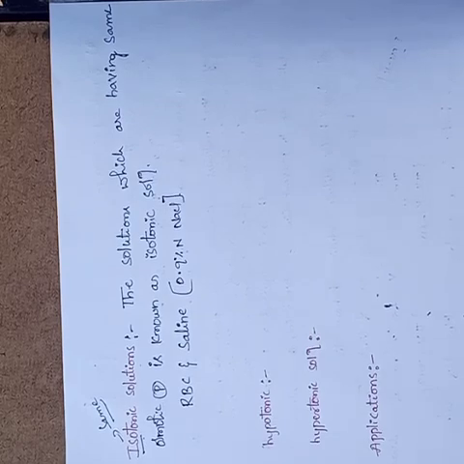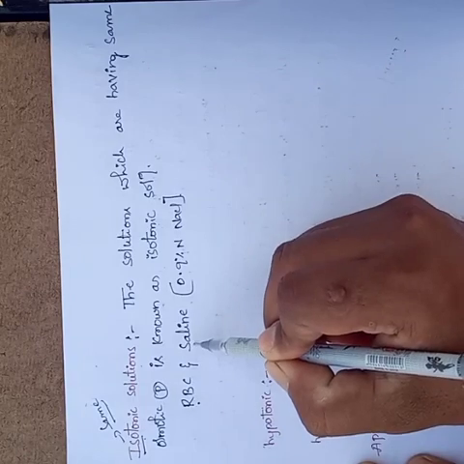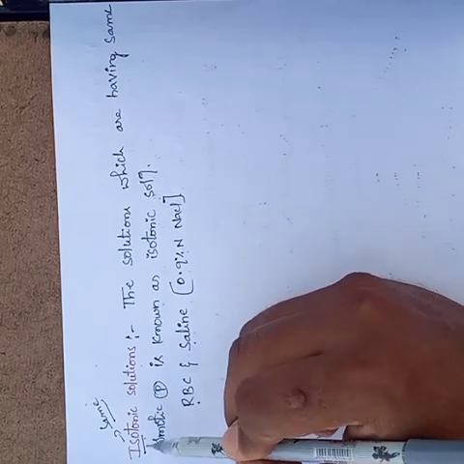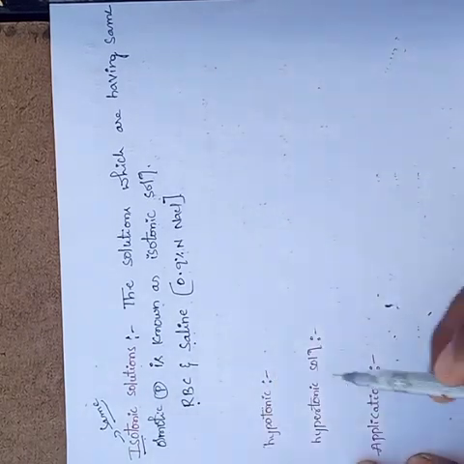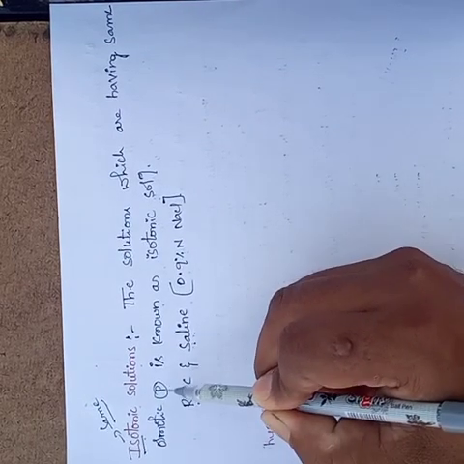To control that, the doctors suggest the saline. So RBC cells and saline are examples of isotonic solutions. It indicates RBC cells and saline have the same osmotic pressure.